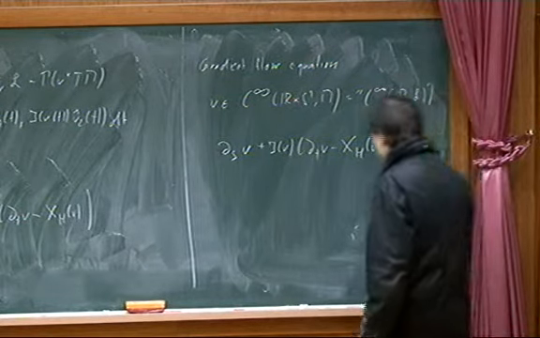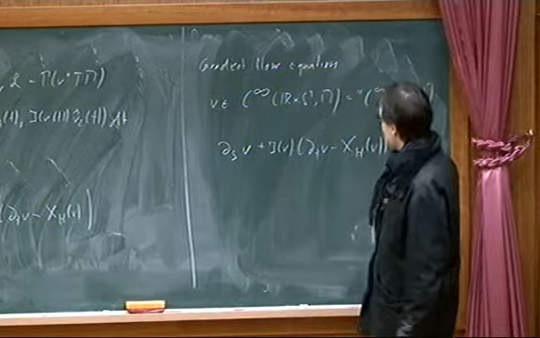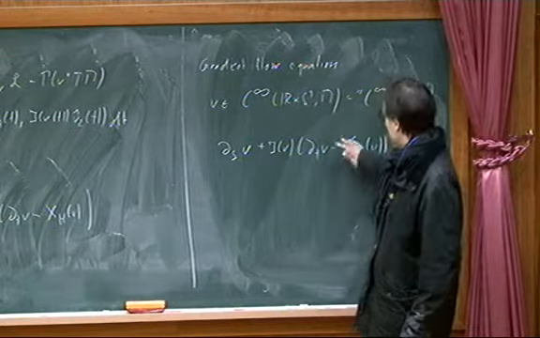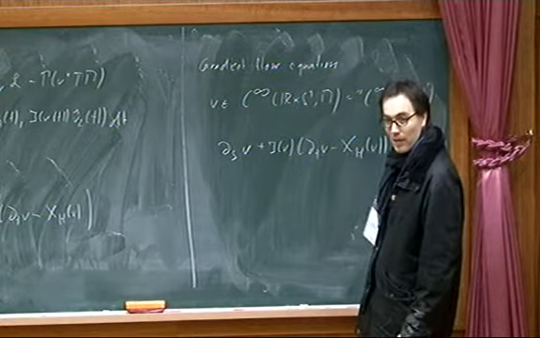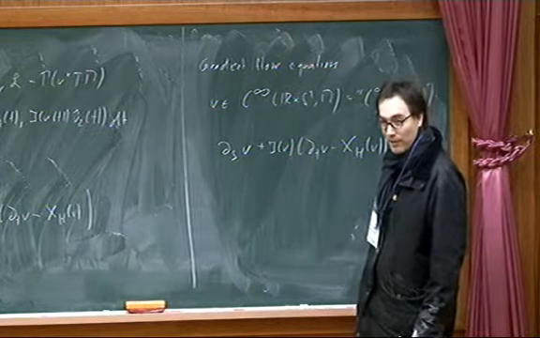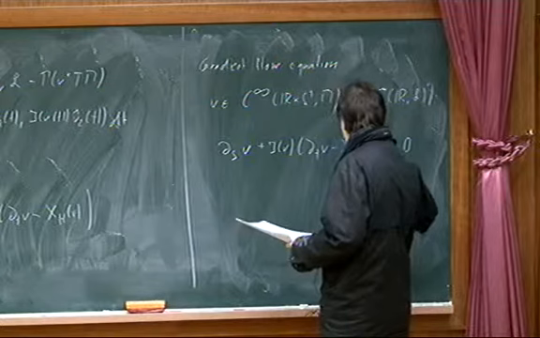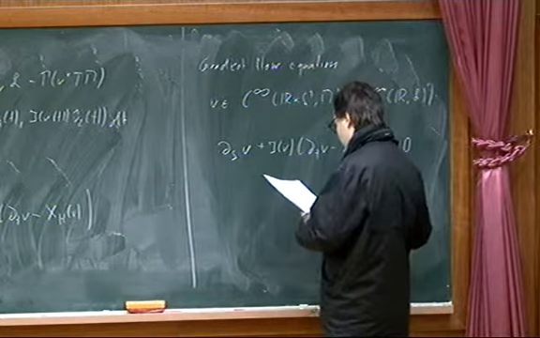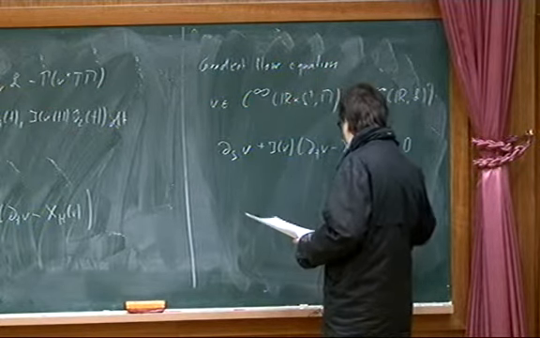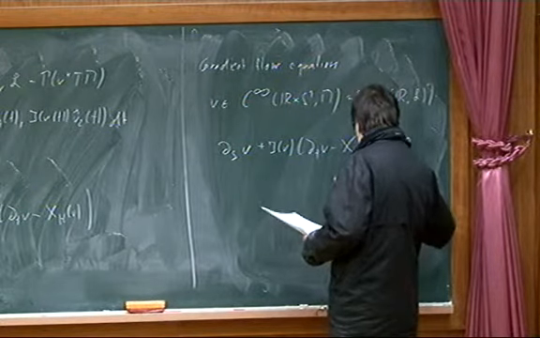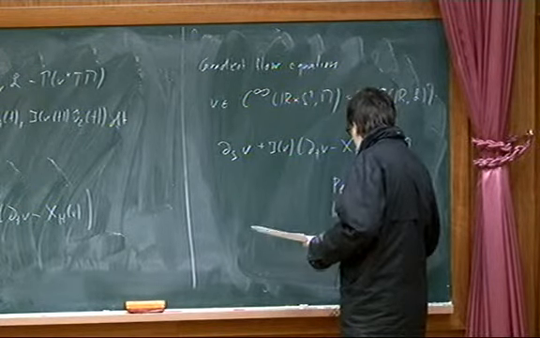And what you see here is that if you ignore this Hamiltonian term, this would be just a holomorphic curve equation. So that's a perturbed holomorphic equation.